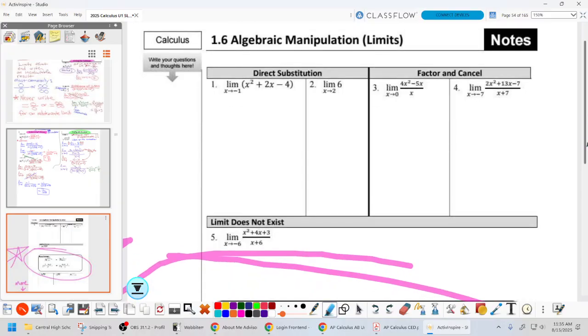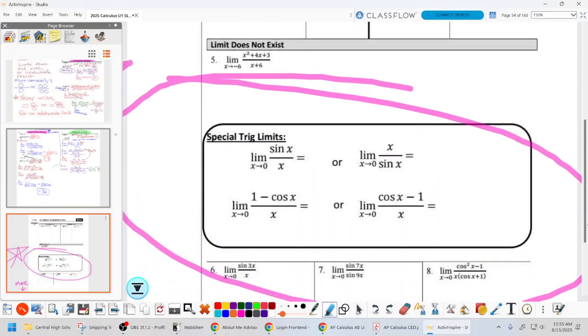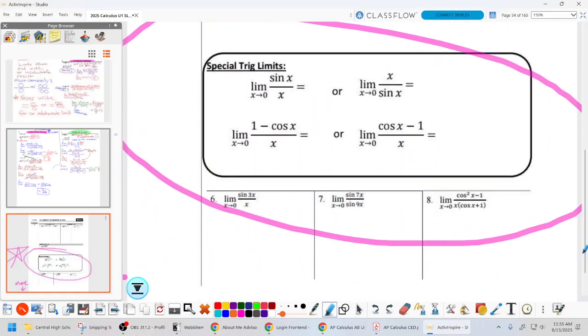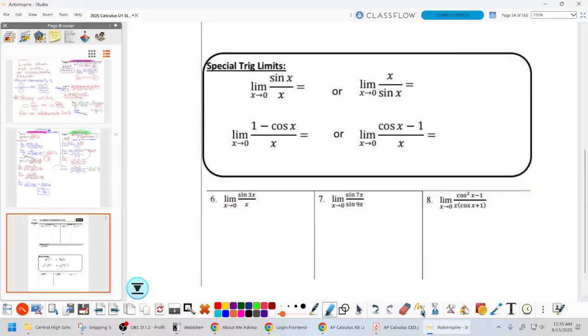We're going to talk about 2 more versions of algebraic manipulation. At some point, you should staple all these notes, or not staple, but make sure they're all together, okay? All the algebraic properties and manipulation stuff.